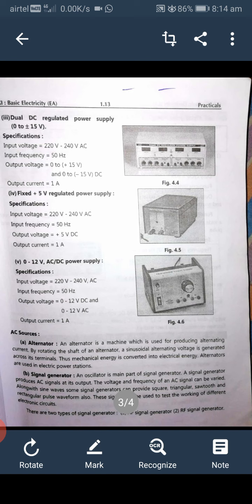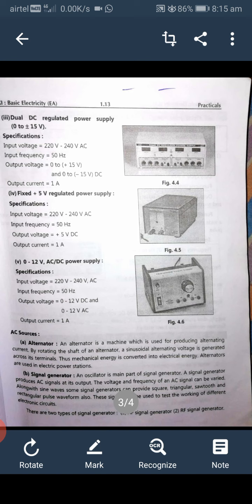AC sources. First, alternator. An alternator is a machine used for producing alternating current by rotating the shaft of the alternator. A sinusoidal alternating voltage is generated across its terminals.